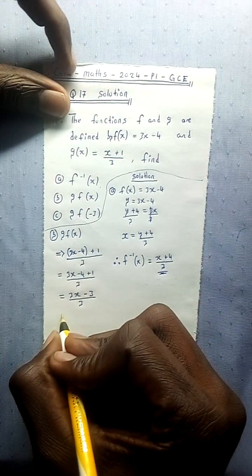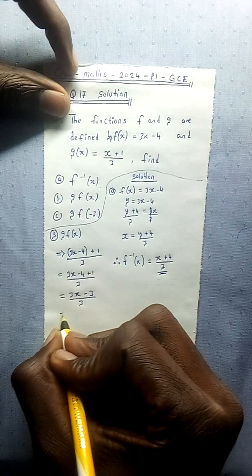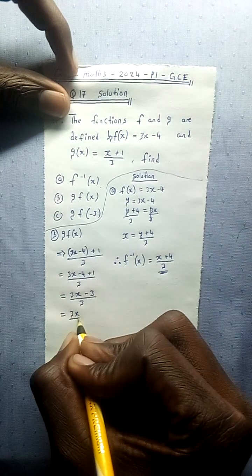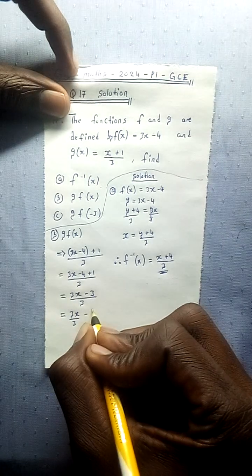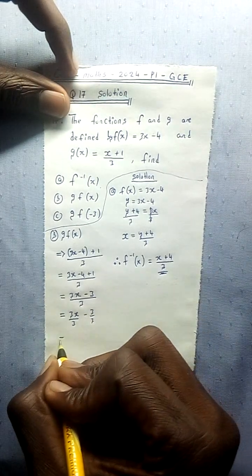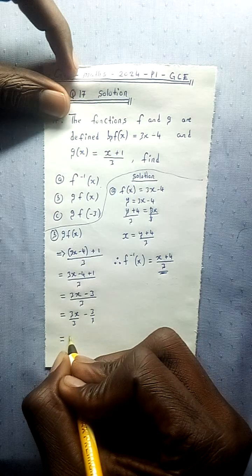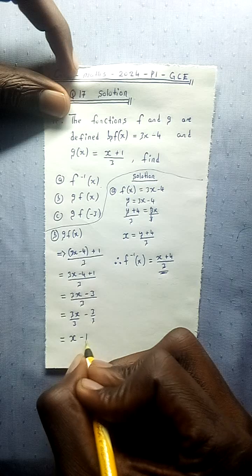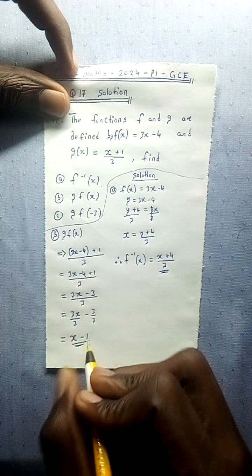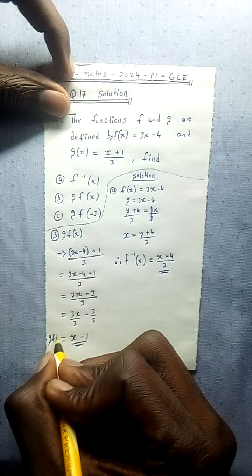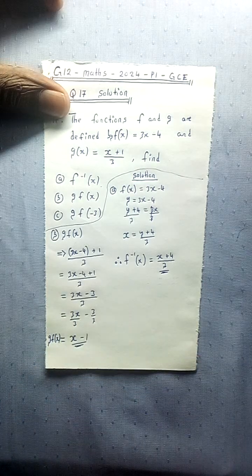So this thing can also be written as 3x over 3 minus 3 over 3. Okay, so 3 into 3, that's 1. 1 multiplied by x to be x. This will give us this. Okay, so this becomes our gf of x.